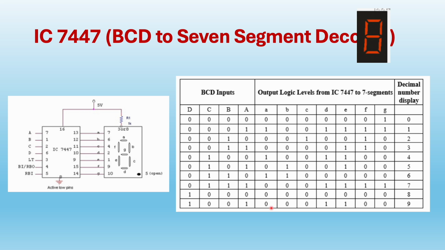So D and E is 1, all others are 0, that will display 9. 8, all the elements are illuminated, so all zeros represents 8. So basically 1000 is 8. So for 1000, the output of this IC is all low, and thereby this all low output is fed to this 7 segment, and thereby it displays 8. This is how this BCD to 7 segment decoder IC works.